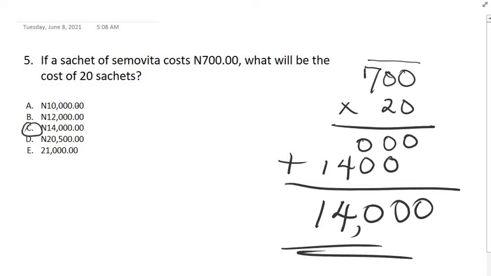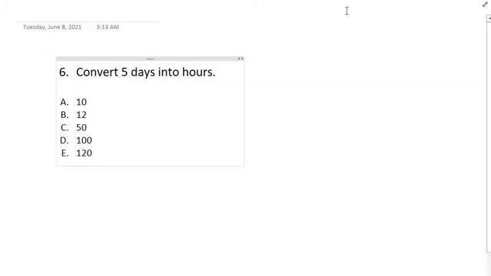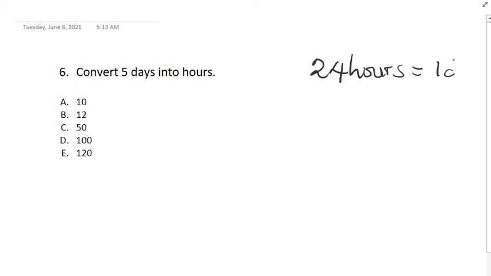Okay? Let's go to question 6. Convert 5 days into hours, alright? Now, how many hours make 1 day? Yes, 24 hours equals 1 day. So, how many hours? Let X hours be equal to 5 days. We can do this in 2 ways.